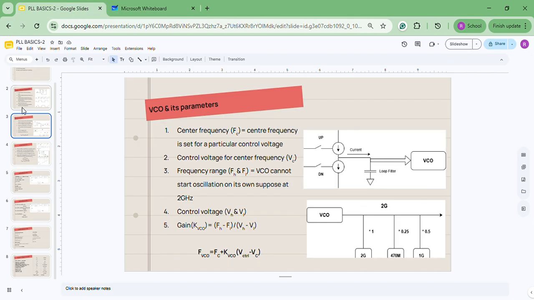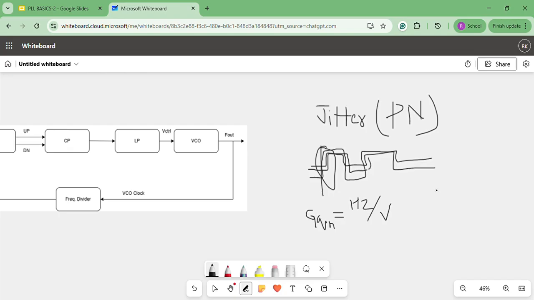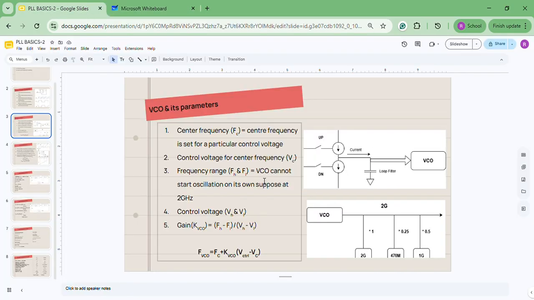So the center frequency is the design parameter. This center frequency FC. Suppose this is our VCO block. FC is the frequency for which it is designed, and VC is the input voltage to the VCO.